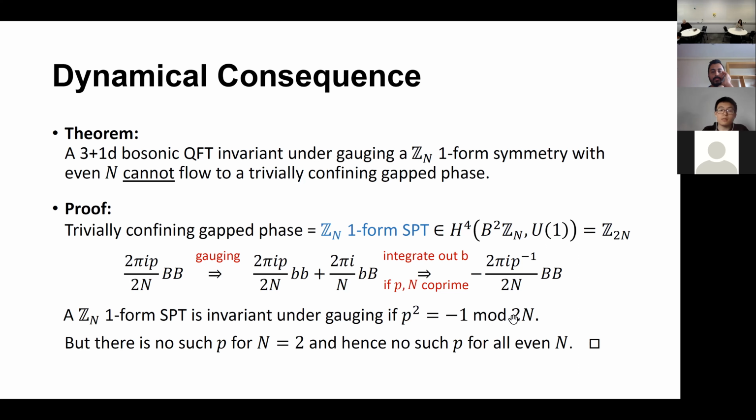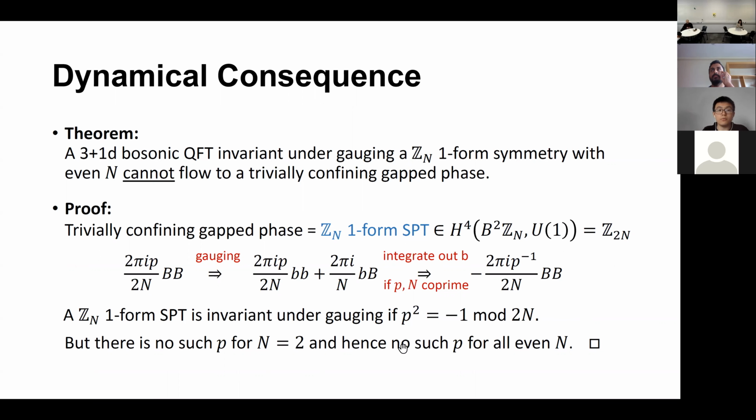Now this just becomes a number theoretic question: given n, are there any solutions to this equation? In fact, if n is even, there are no such solutions. When n is even, we cannot find a number in Z2n such that when we square it, we get minus 1.